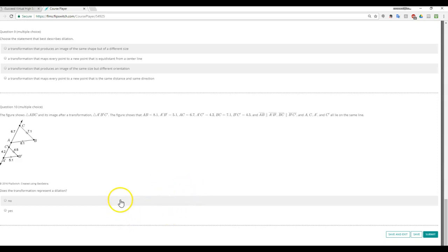The figure shows triangle ABC and its image after a transformation, triangle A prime, B prime, C prime.